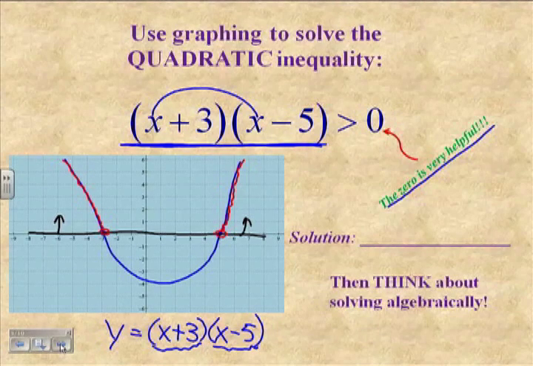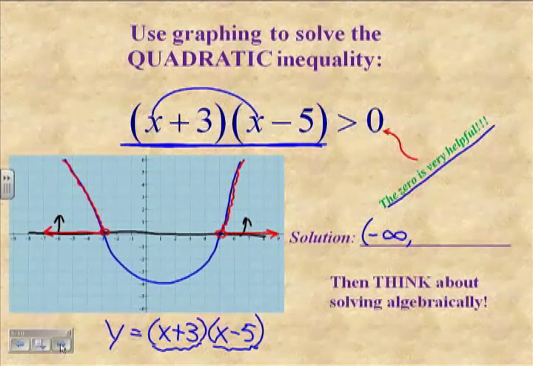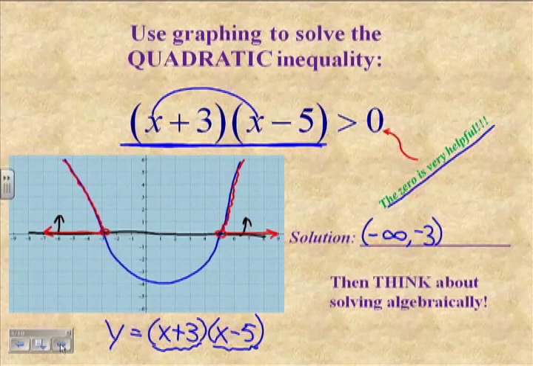And then if you do that idea of collapsing it down onto the x-axis so that you can see where your x values are, my x values are to the left of -3, and they would all be to the right of +5. So if I write my solution in nice interval notation, it would be -∞ up to -3, open, union 5, open, up to +∞.